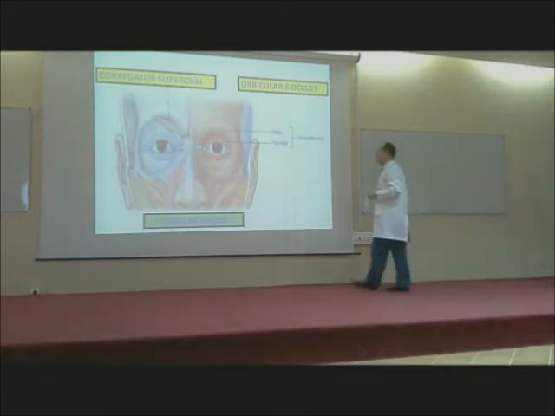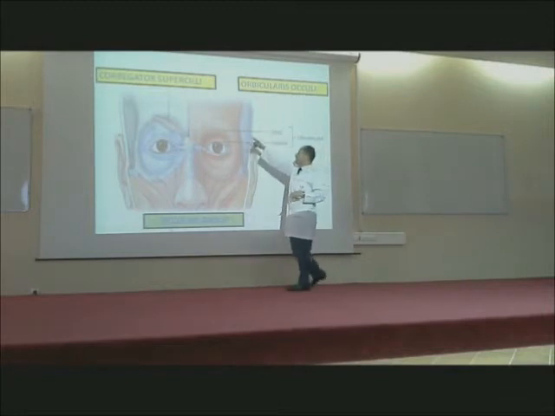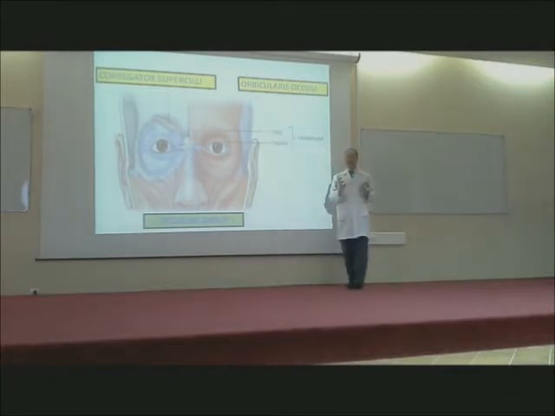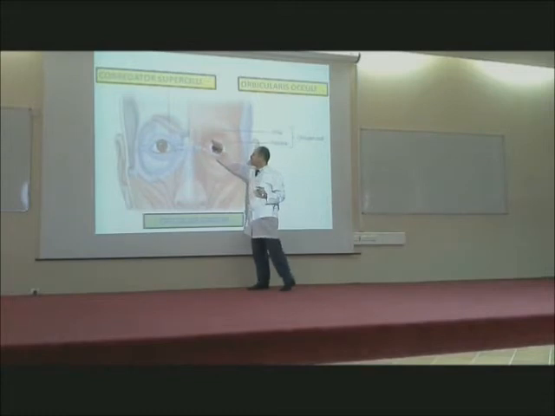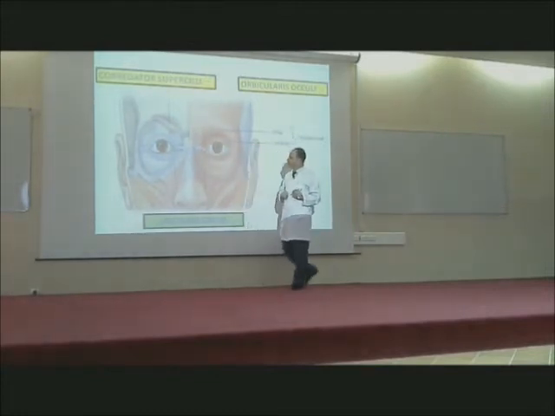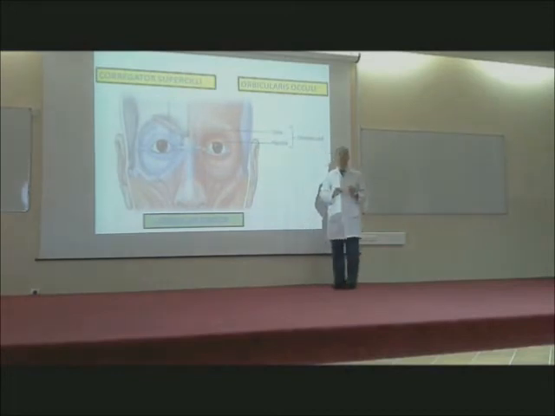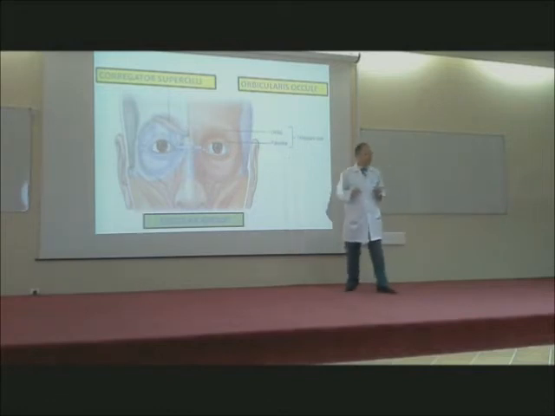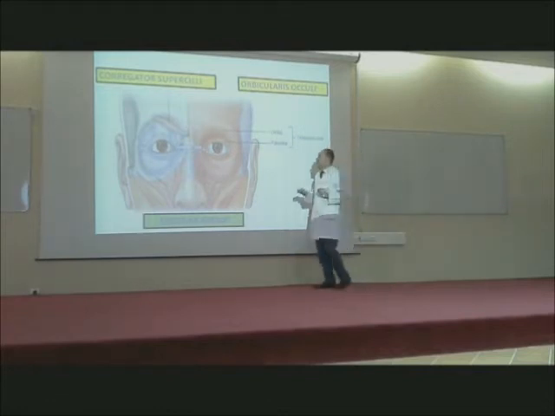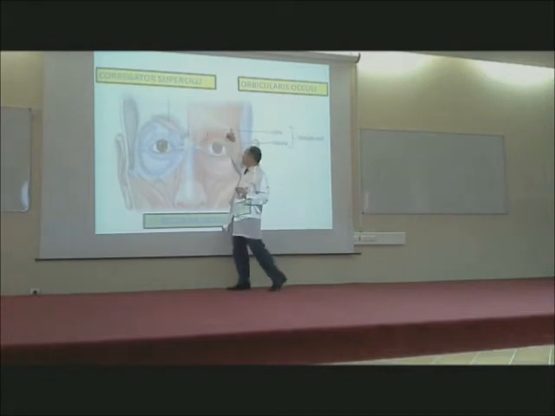So I will shift now to the orbicularis oculi muscle. Actually, it is divided into three parts. The first part is located inside the substance of both upper and lower eyelids, you see. It is named the palpebral part. Palpebral means eyelids. The second part encircles the bony orbit.